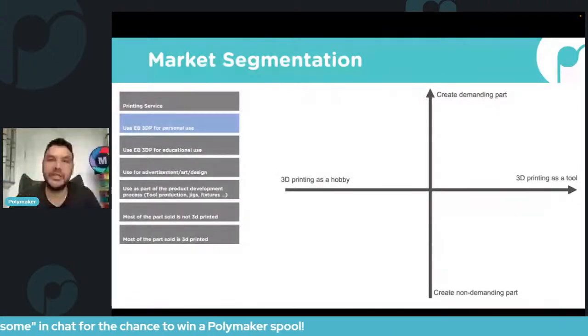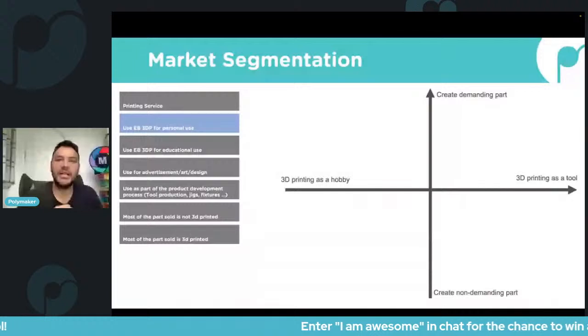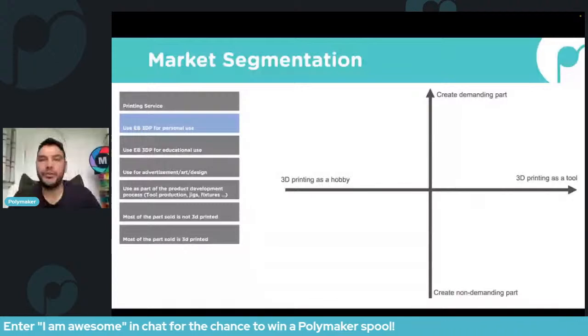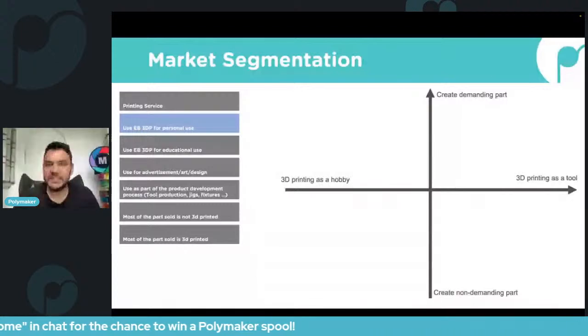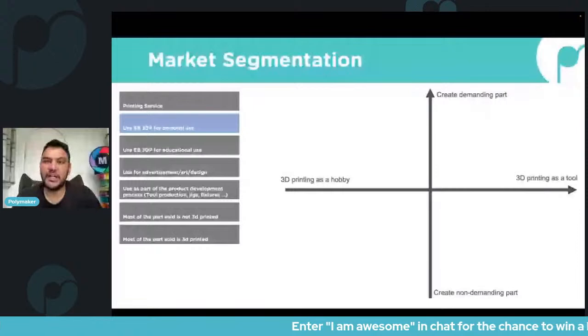Is this paper made from whatever? Or what are the different settings that I can play around with? No, you use the 2D printer as just you print something. What you care about is what's coming out of the printer, right? Is that good quality, is that bad quality? So a 2D printer is basically a tool.